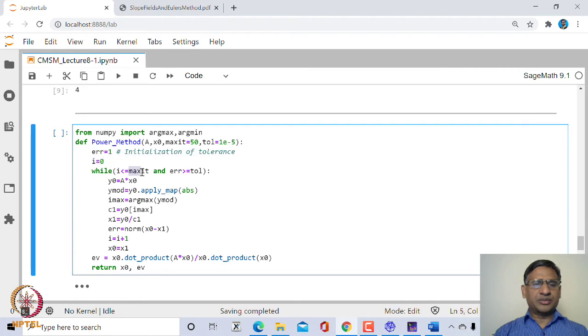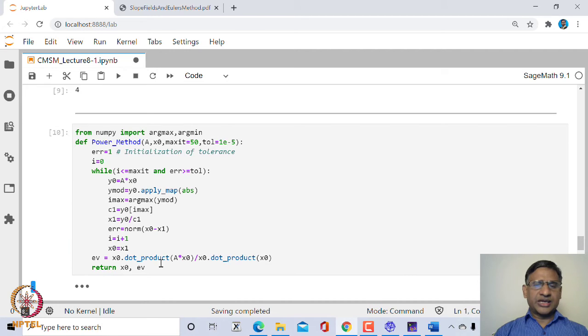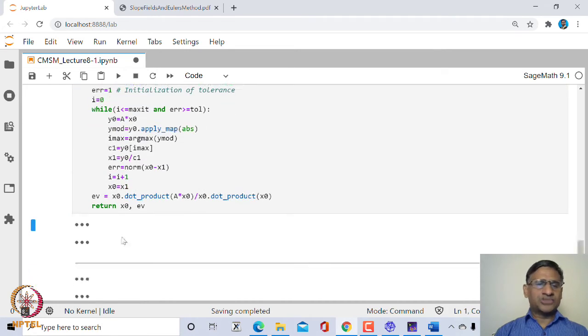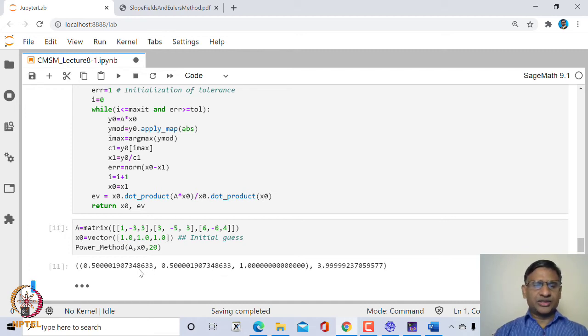Now, this is the maximum number of iterates, and as long as I is less than or equal to the maximum number of iterates and the error is bigger than or equal to the tolerance limit, you compute this, and let me run this, and let us call this function for a matrix A, which is 1 minus 3 1, 3 minus 5 3, 6 minus 6 1, and so on. So, let us run this. So, in this case the eigenvector is this, and the maximum eigenvalue is 3.999.